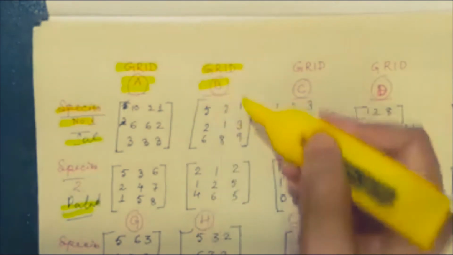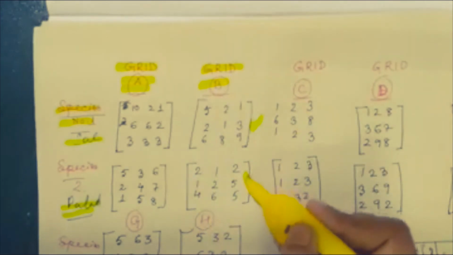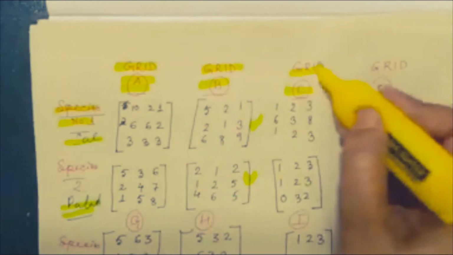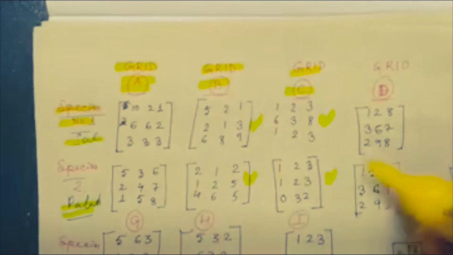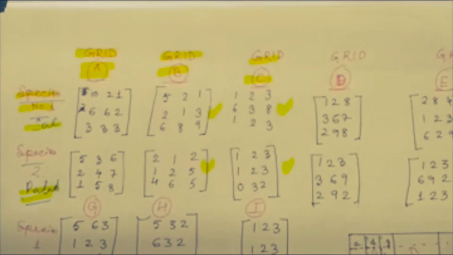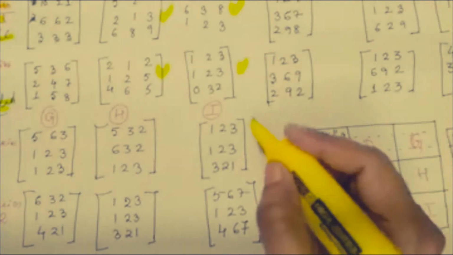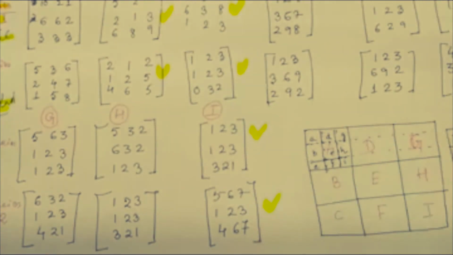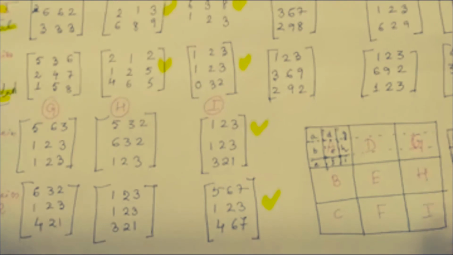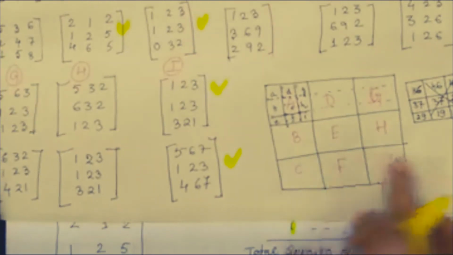For grid number 2, this is for sal, this is for Polish. For grid number C, this is for sal, this is for Polish, and so on up to I. We can get the information this way.